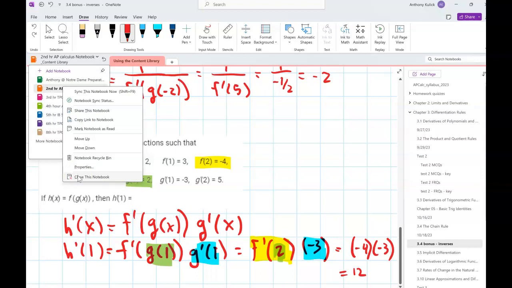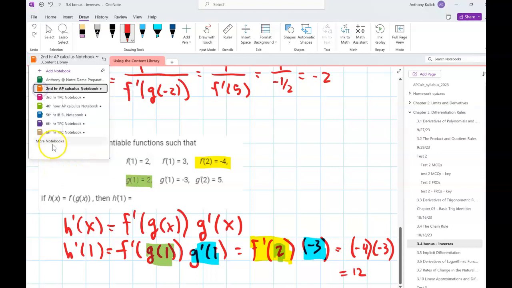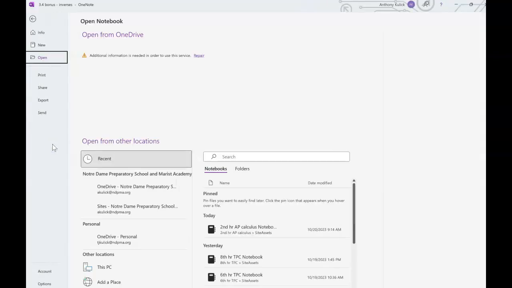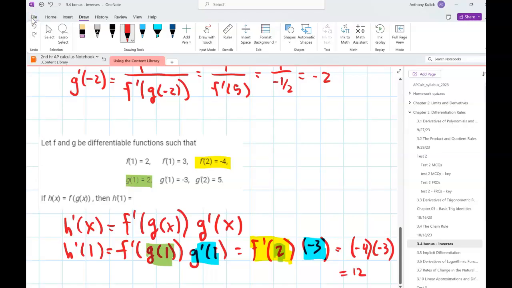If it gives you an error, say okay. And then after it's closed, go down to more notebooks, and then just reopen it. And then push another sync. And usually that'll clear all those errors that you're getting and get things moving again for you.